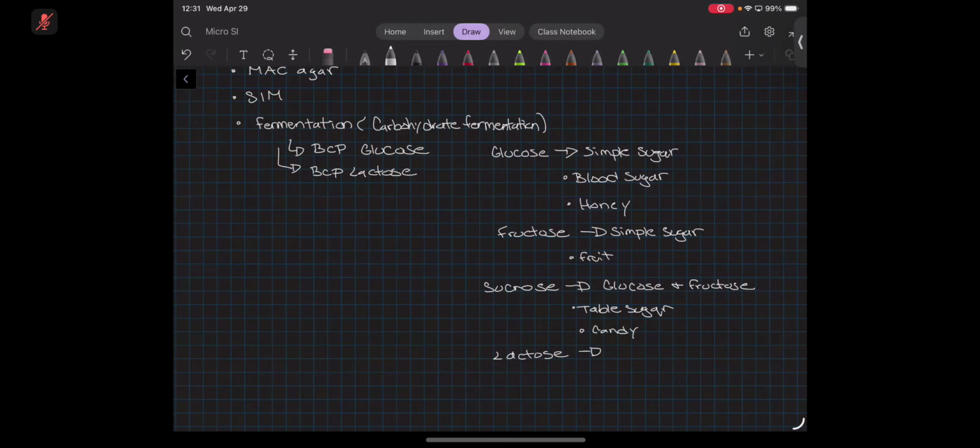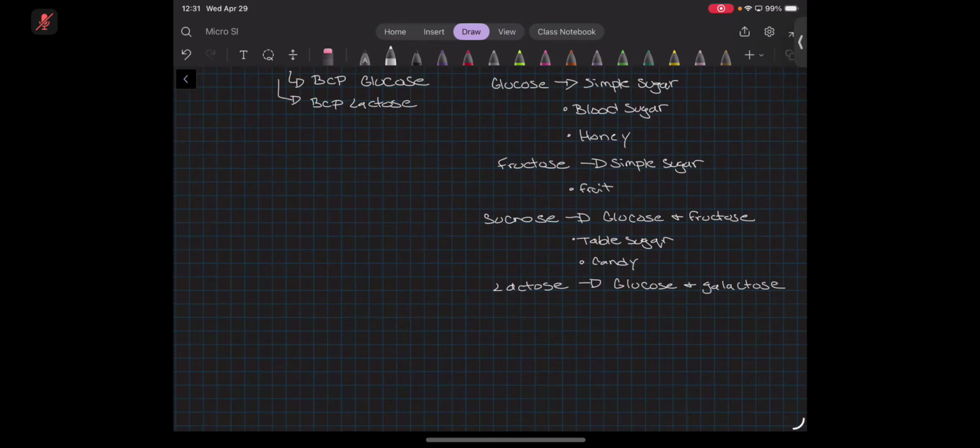No, that is glucose and galactose. We're not going to go into galactose because you'll learn that later in nursing, not for this. But an example of lactose is the sugar in dairy products, like milk, yogurt, etc.